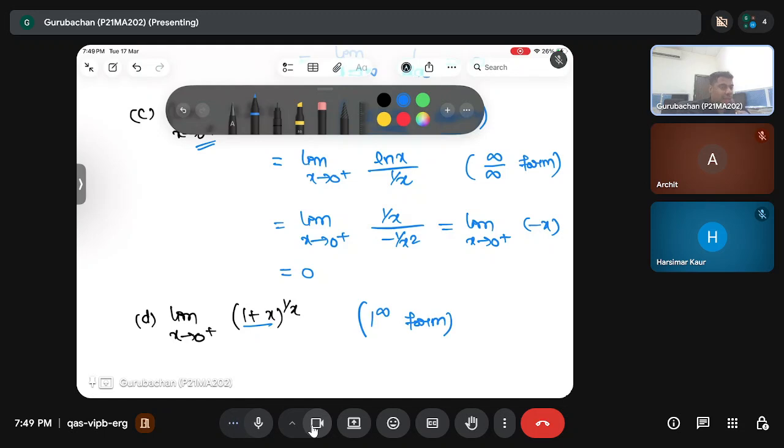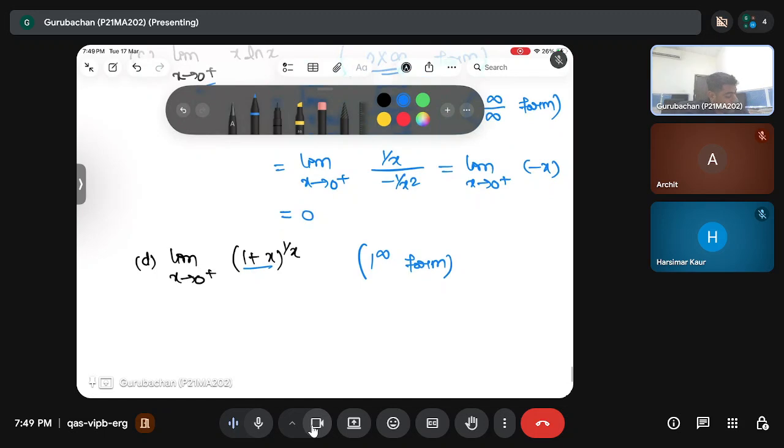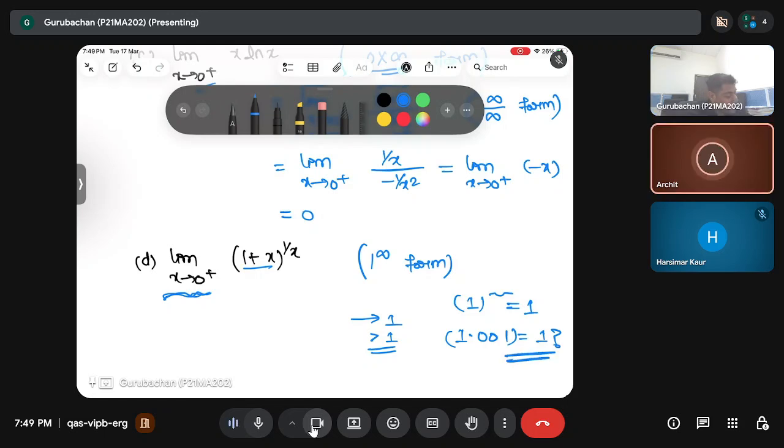Observe here. You cannot say this is exactly 1. Why? Because it is tending to 1 and you are moving from the positive side of x. So it obviously can be a little greater than 1. Whenever you put any power on 1, it will be 1 itself. But what about 1.001? Will it remain 1? No, sir. So that is why this is a kind of indeterminate form.